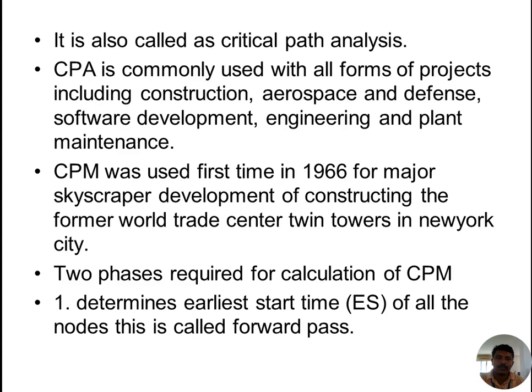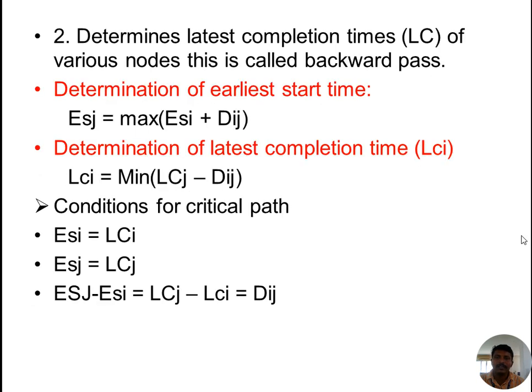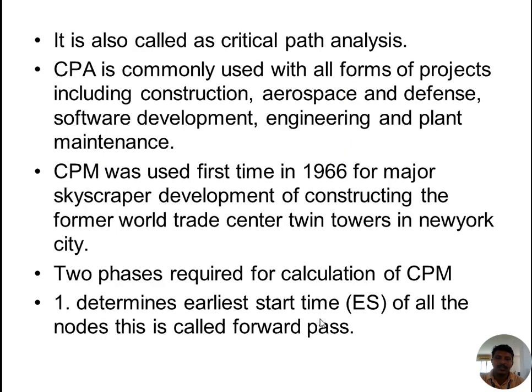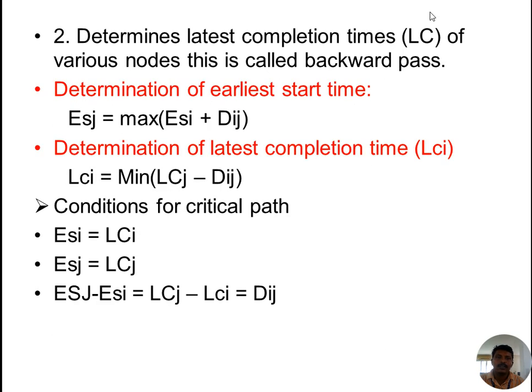The two phases required for calculation of the CPM are ES, the earliest starting time, and LC, the latest completion time. Here ES is the forward phase and LC is the backward phase.